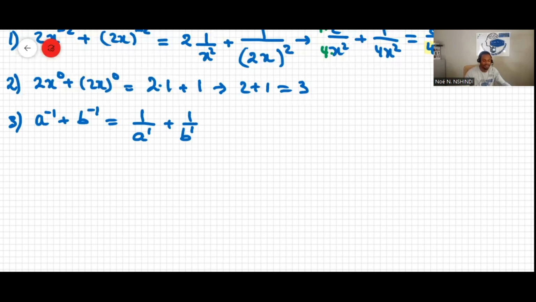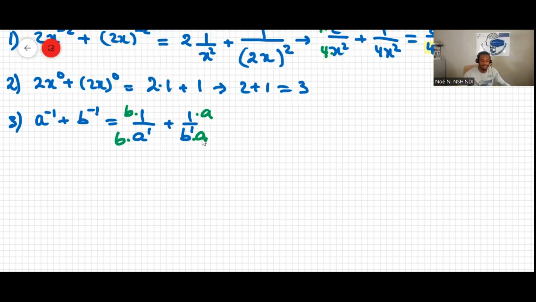Now that I have fractions, to add them I must make the denominator common, meaning over here I'll times by b, and I'll times the numerator also by b, and there I'll times by a, and the numerator also by a. First, to make the denominator common. Second, to keep the fraction even.